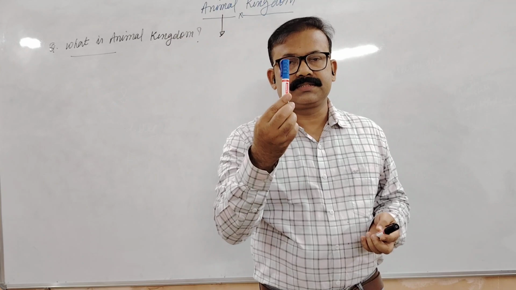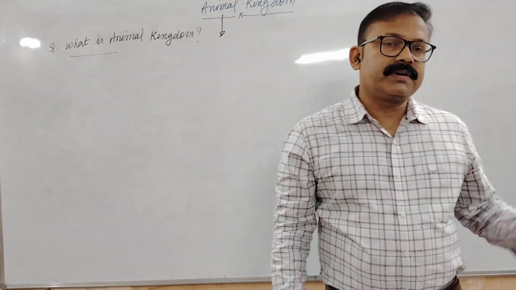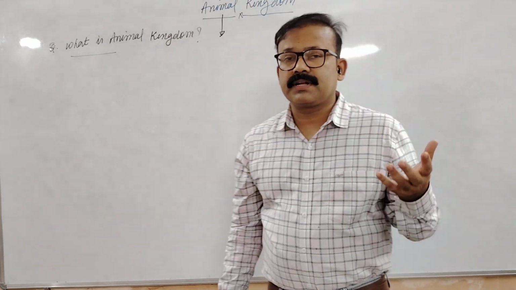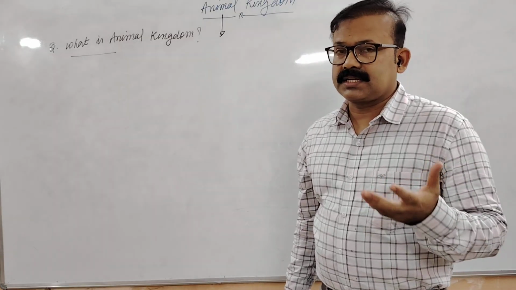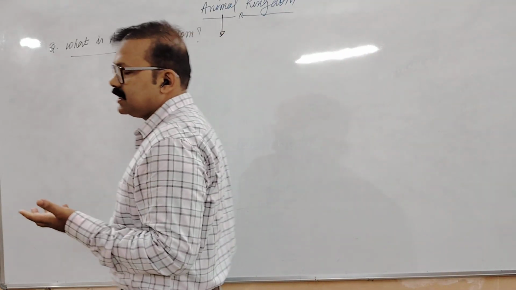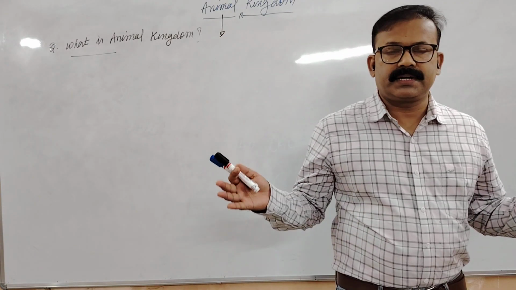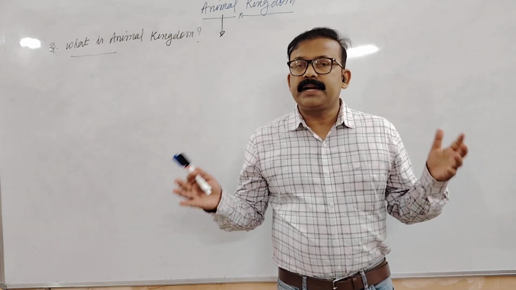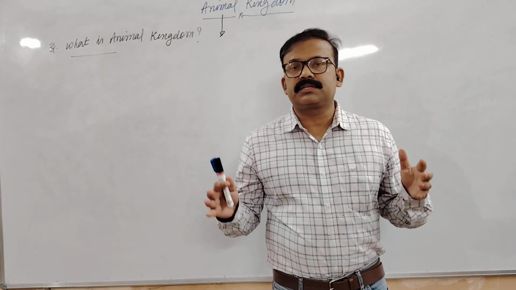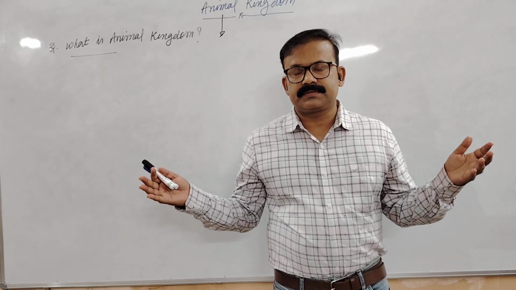Here you are seeing the marker, table, fan, and several non-living objects present around you. And parallelly, you will see several living organisms around you. And you know that living organisms are of different types.